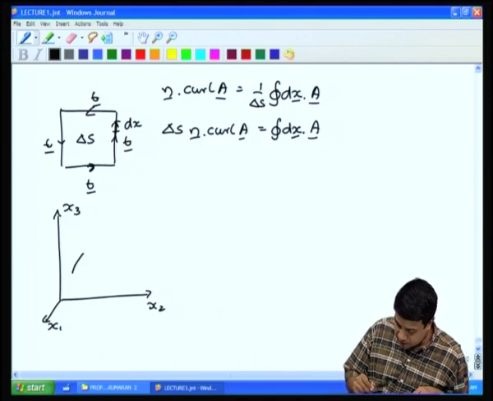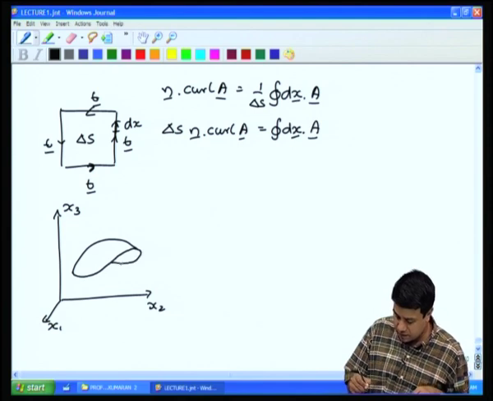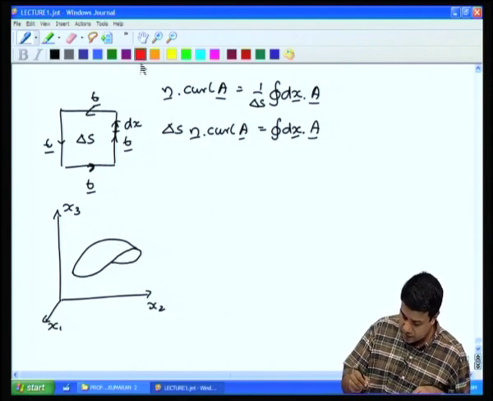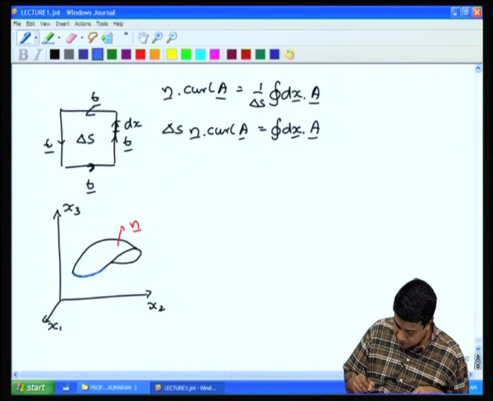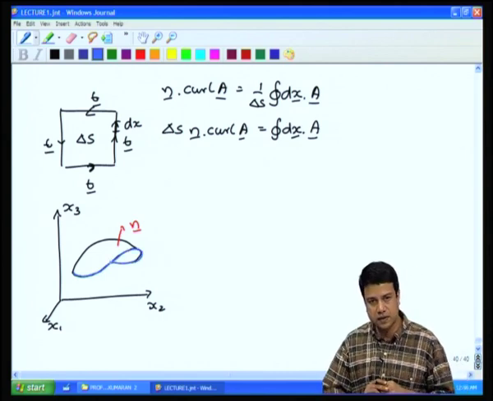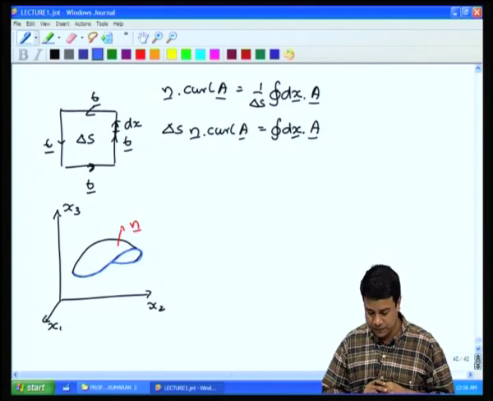So, I have this surface here with this perimeter. Surface has an outward unit normal n, and this perimeter C is the perimeter of the surface.